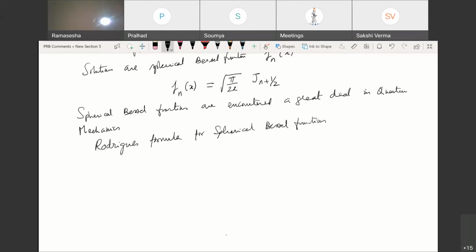We have a Rodrigues formula, and the Rodrigues formula for j_n is the following. It is equal to x to the n times the operator, for sin x. You remember Legendre polynomials?